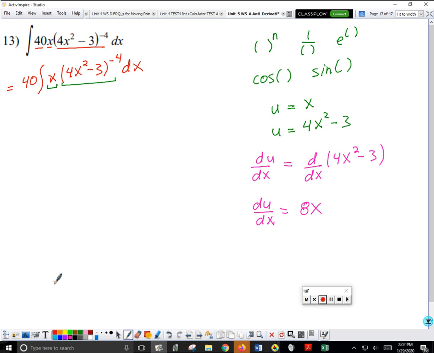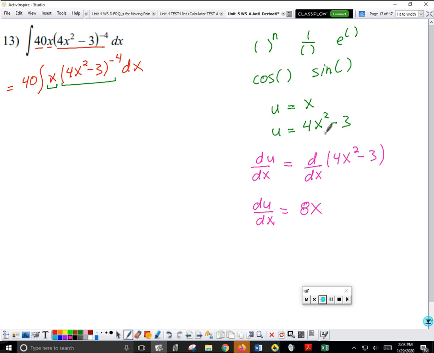Next step. This is an indication that everything is going to work because I started with two functions being multiplied. I identify the form of each function. That allows me to pick the something as my choice of u. Now I take the derivative of my choice.